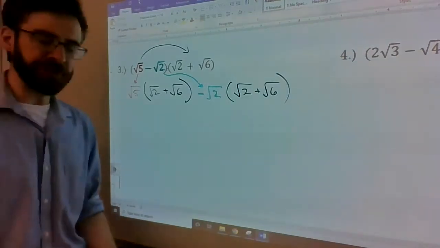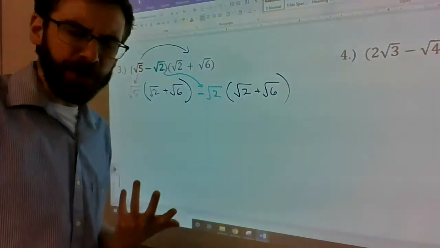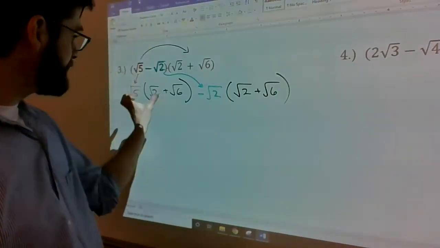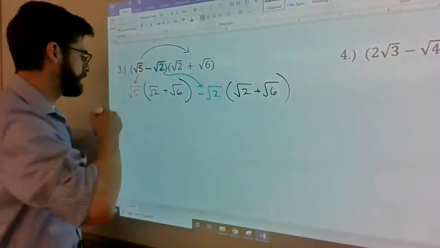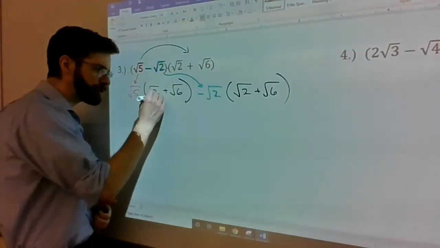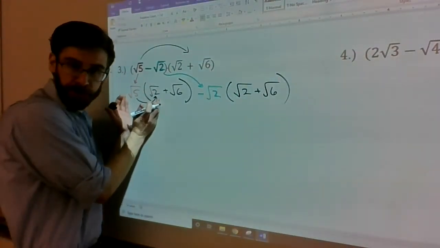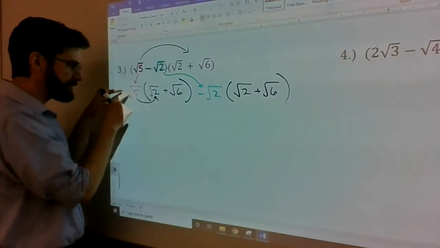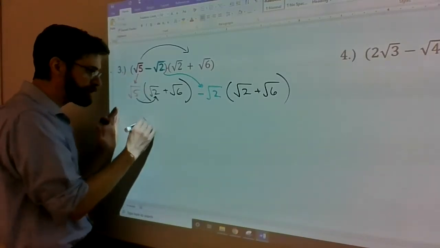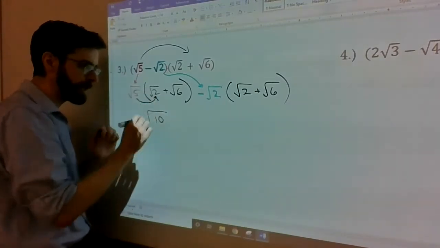All right, and then what you got to do is recognize, okay, how do I use the distributive property here, and how do I use the distributive property here? Well, root 5 times root 2 is the first computation you got to do. Same root, as far as it's a square root here and a square root here. You can just multiply these two numbers and call it root 10.